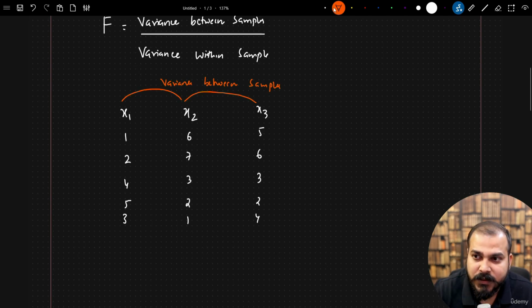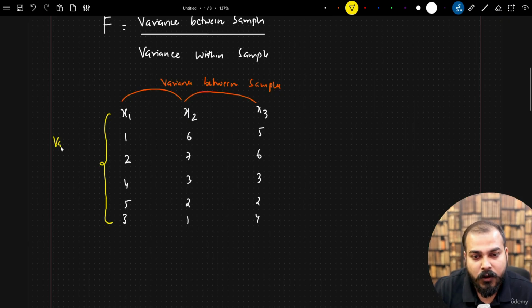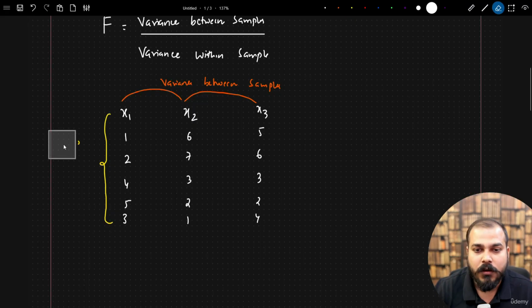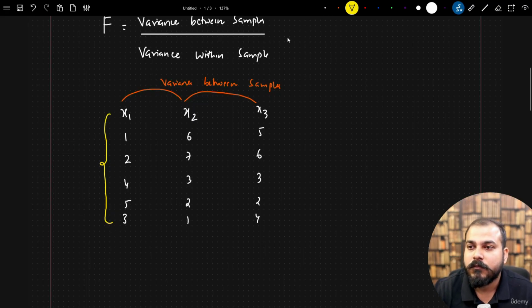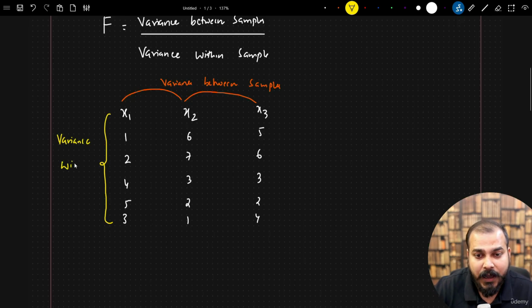Now, similarly, we can talk about variance within samples. Variance within samples means what? Understand these things.